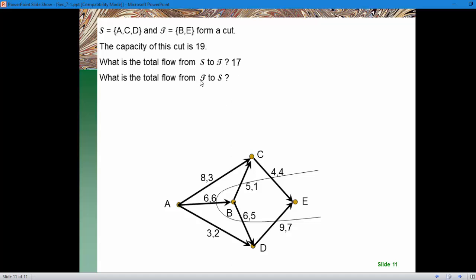Now let's add the total flow from the T side to the S side. That will be now this number 1 and the number 5. So that's a total of 6 going from the T side to the S side.